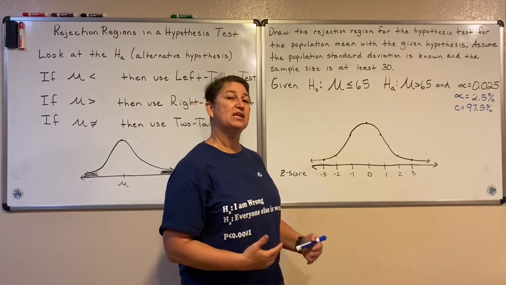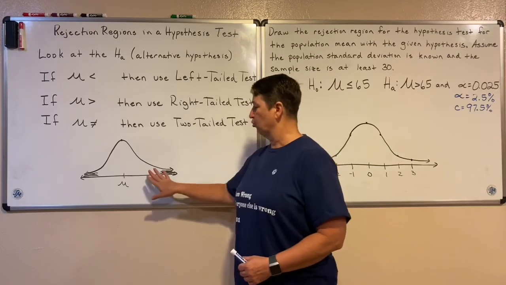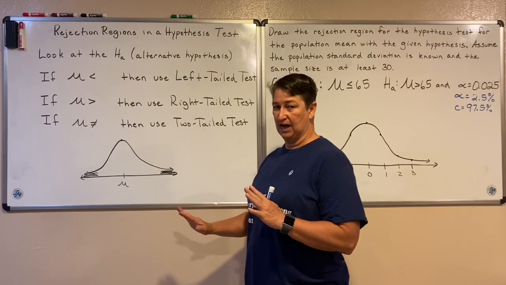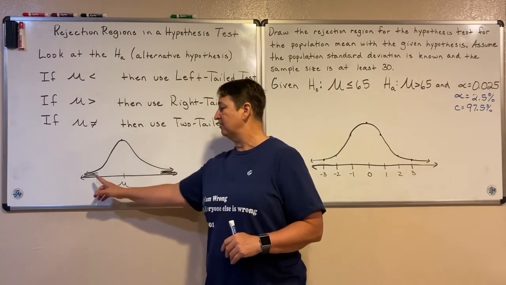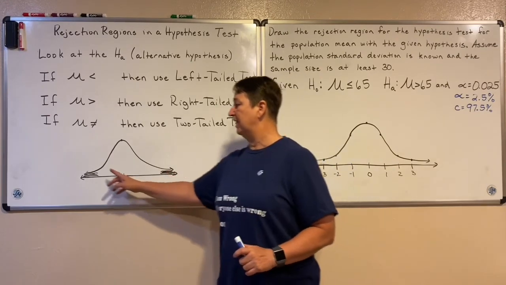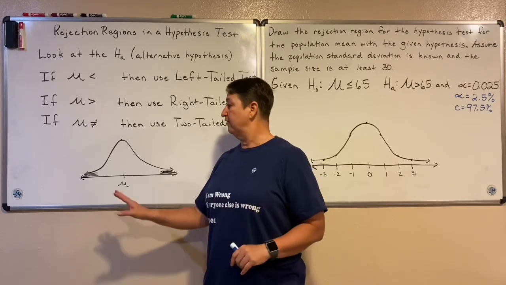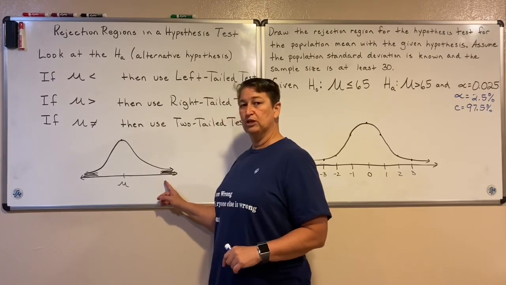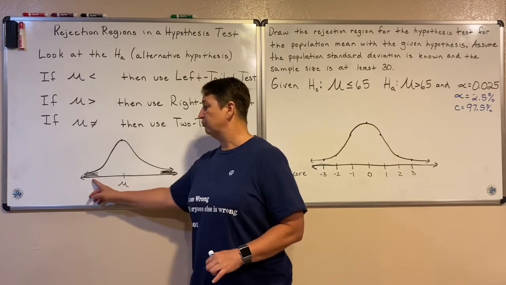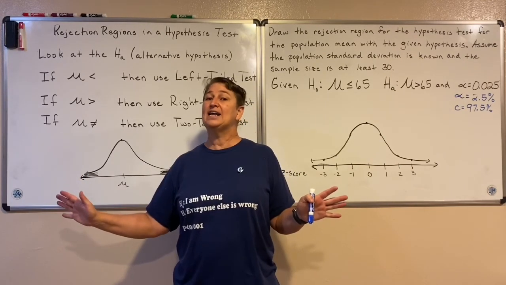Well, let's think about when I'm dealing with a right-tailed test, if I had both sides, the right side and the left side, if this is 2.5% and that's 2.5%, then together it would be 5%. So think about that, 2.5 and 2.5 makes 5%. Well, then in the middle would be 95%.